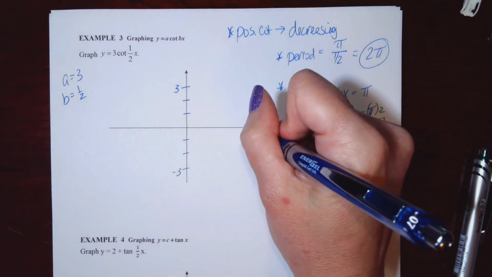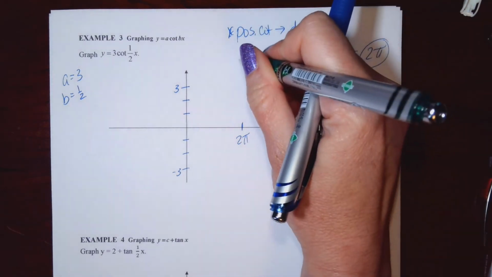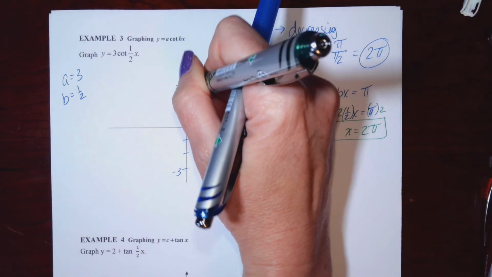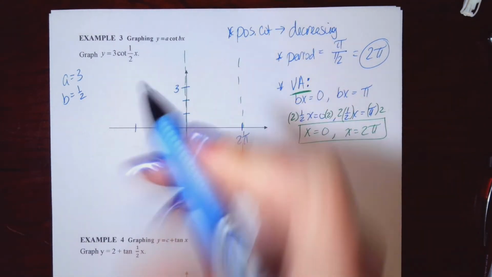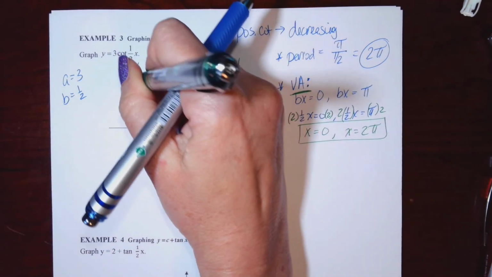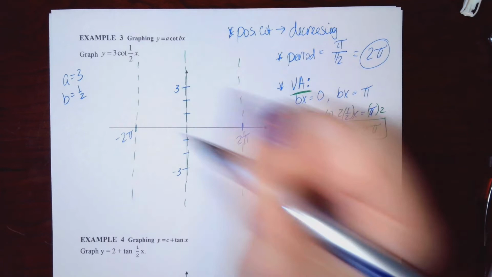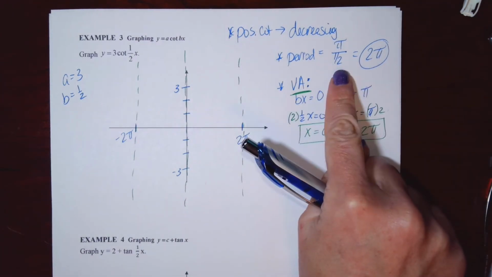Let's see. If I go out here to 2 pi, I've got a vertical asymptote there. And I've got a vertical asymptote at 0. I could do a second cycle really easily over here by doing another vertical asymptote at negative 2 pi. My period is 2 pi because it was adjusted by that value of b.